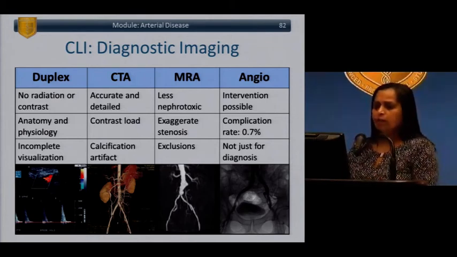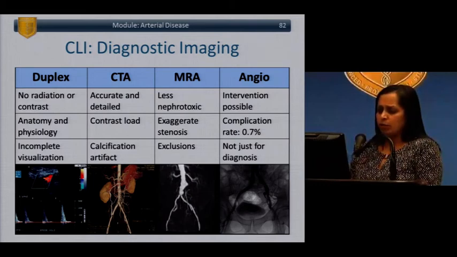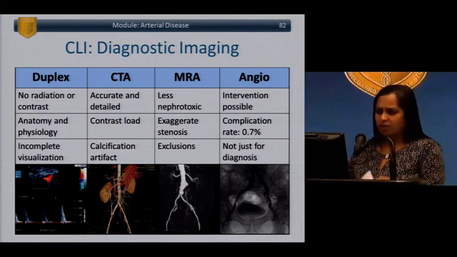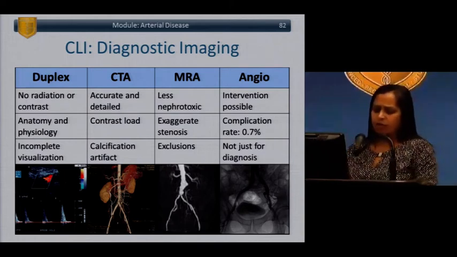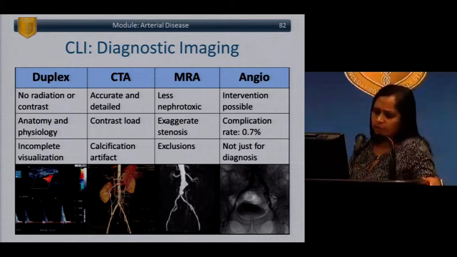So how do we diagnose it? We have a number of different tests available that all have advantages and disadvantages. They're listed here on this slide. In general, duplex imaging is a good first test for peripheral arterial disease in somebody with symptoms or with an abnormal pulse exam.